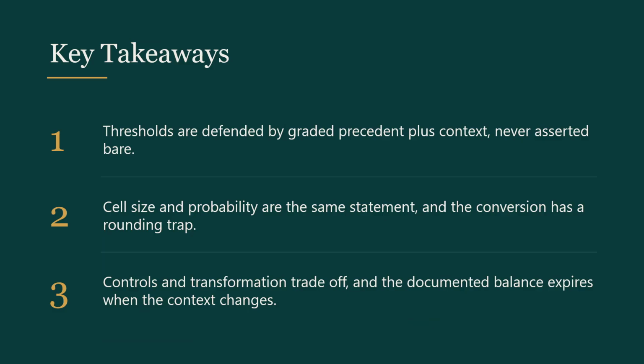3 takeaways from today. First, thresholds are defended, never asserted, and defending means grading. Traced and strong, cell size 11 from the Centers for Medicare and Medicaid Services in California. 0.09 from Clinical Trial Transparency. 0.05 from the Canadian Public Microdata Literature.